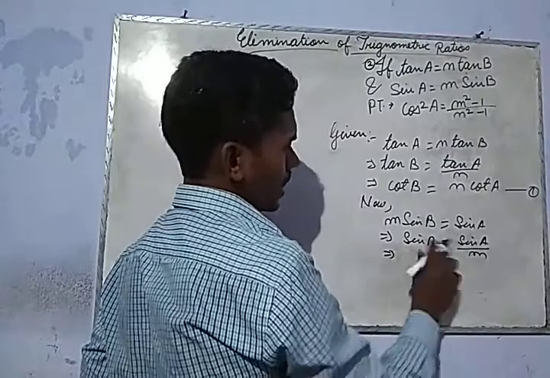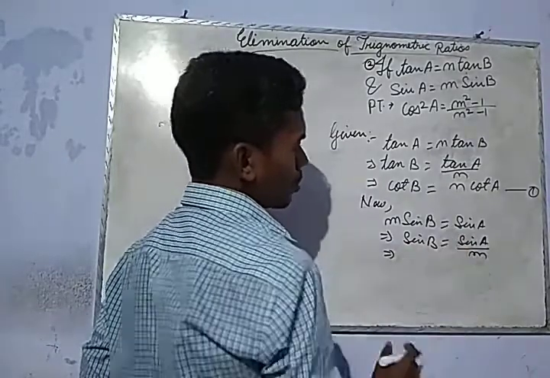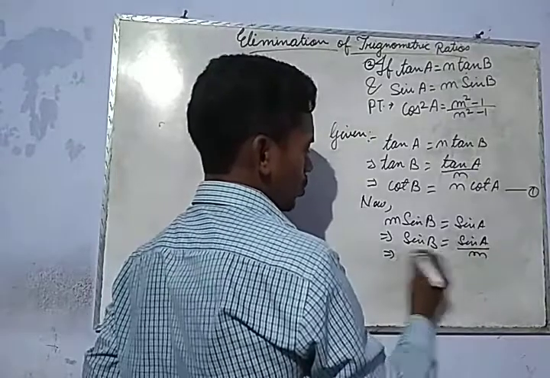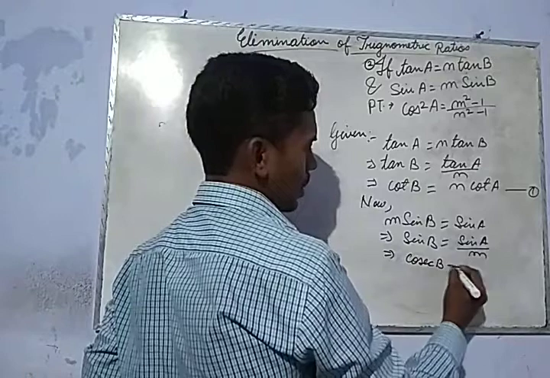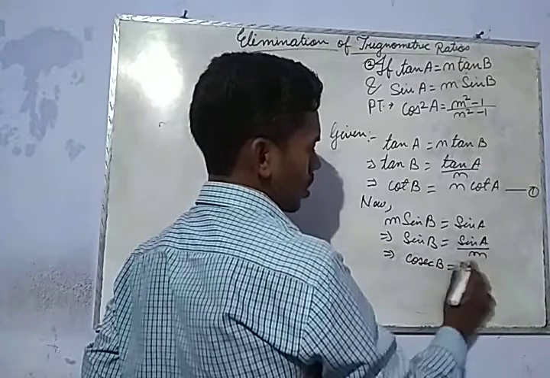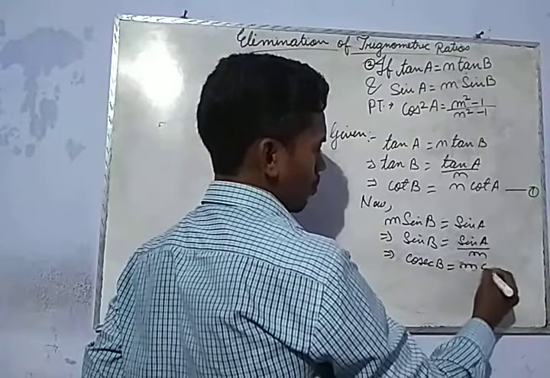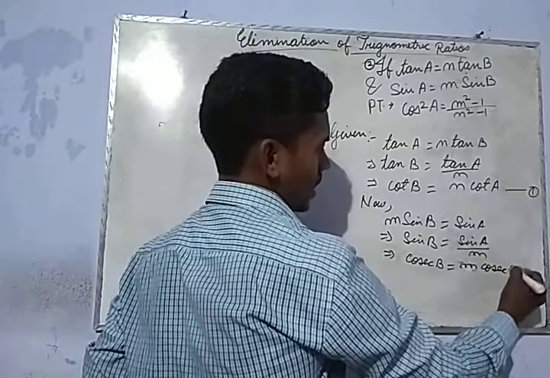Again we do the same. We will take the reciprocal on both sides. So what will we get? Cosec B equals m cosec A.